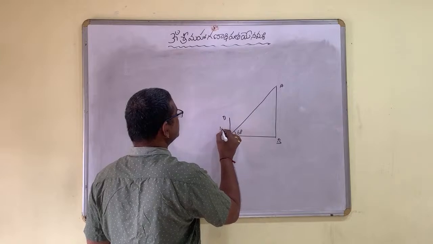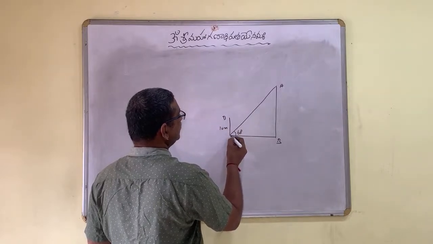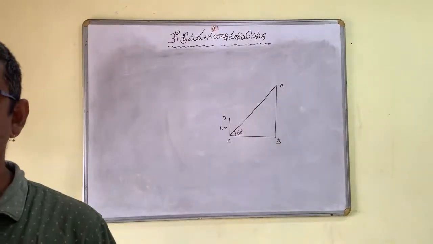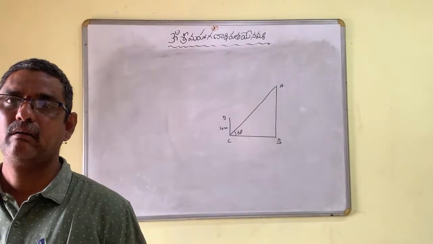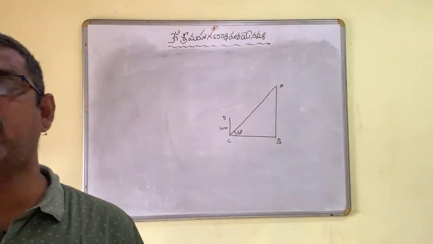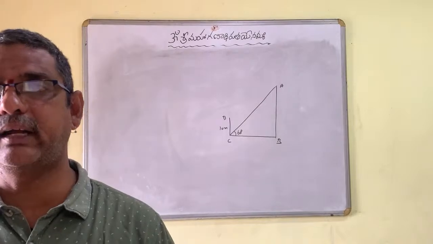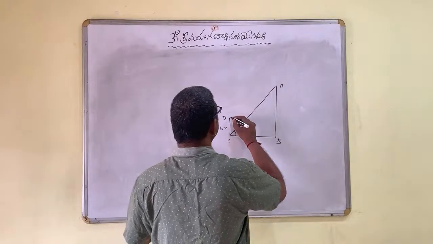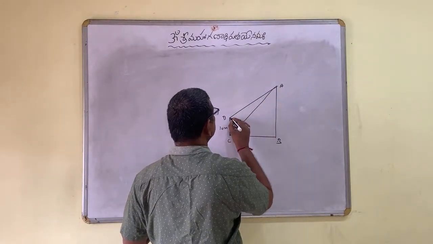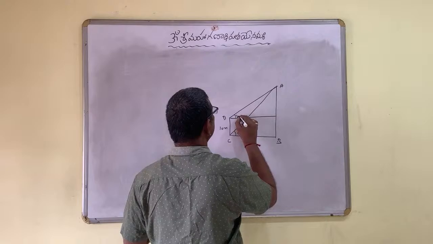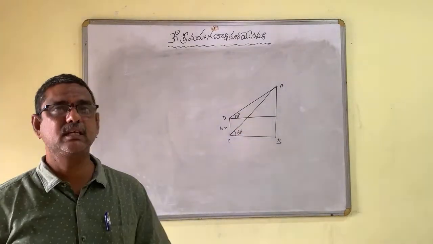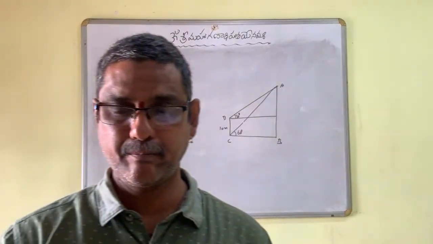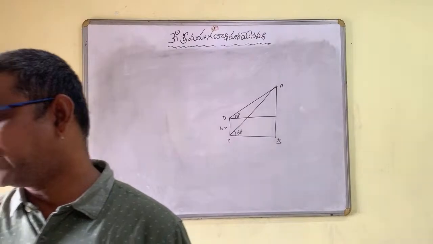D is the point which is 10 meters vertically above C. From there, the elevation is 30 degrees. And we need to find out the height of the tower, that means AB.